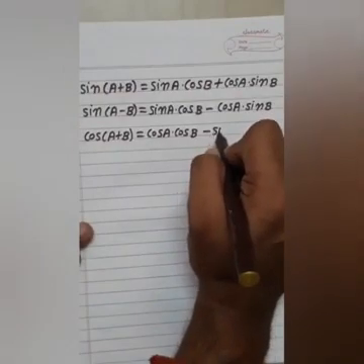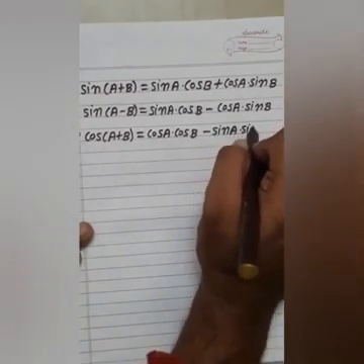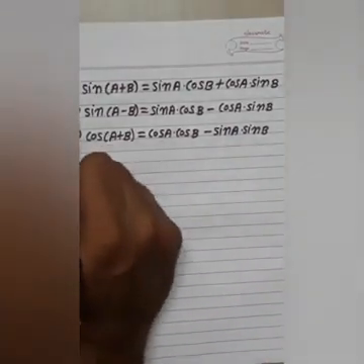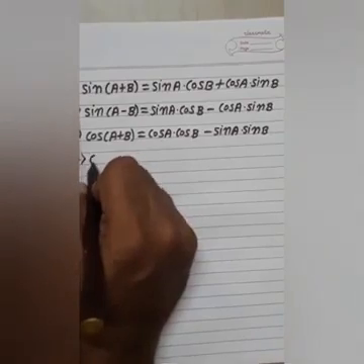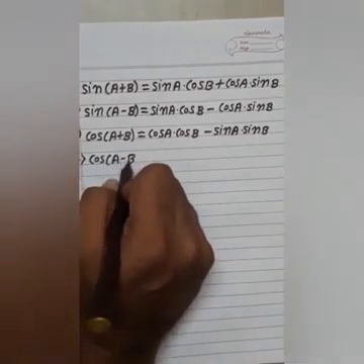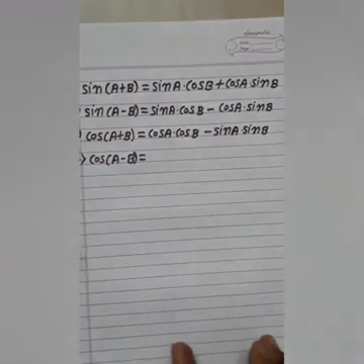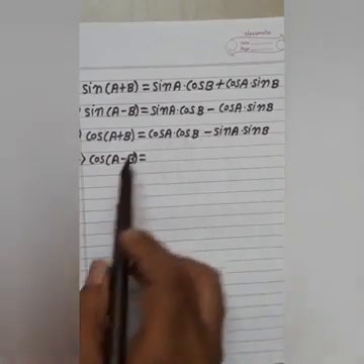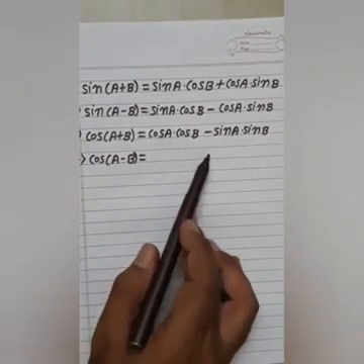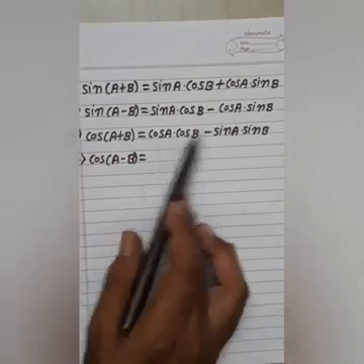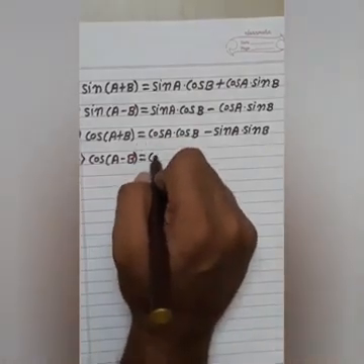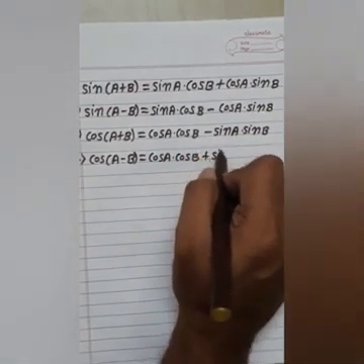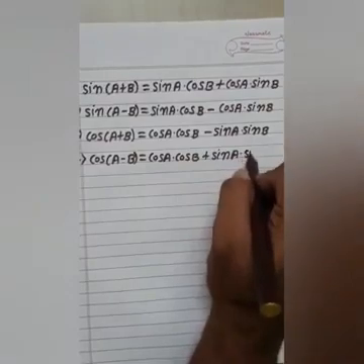So minus sin A into sin B. And the next formula: cos into bracket A minus B is equal to, here the minus sign is present, so between we apply the plus sign. The remaining terms we write as they are. That means cos A into cos B plus sin A into sin B.